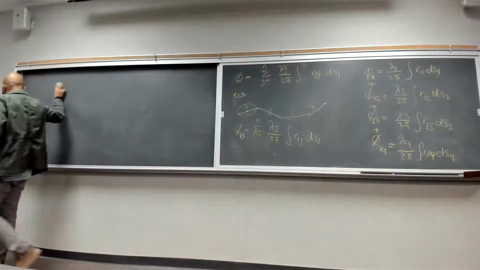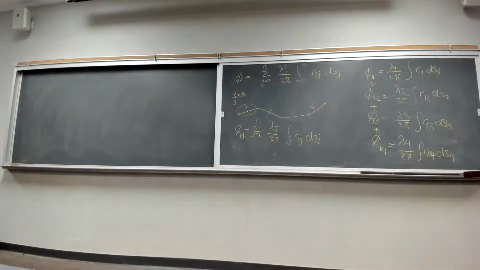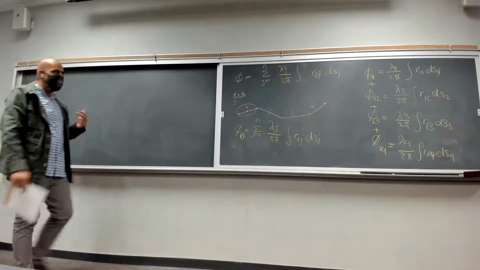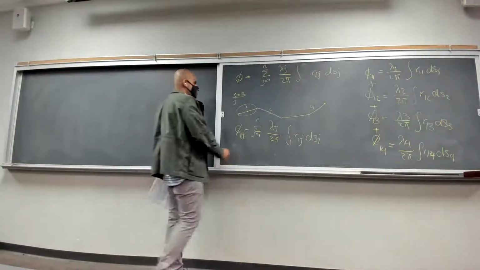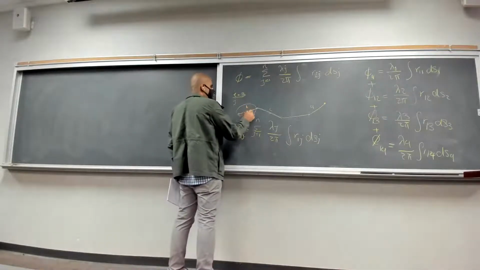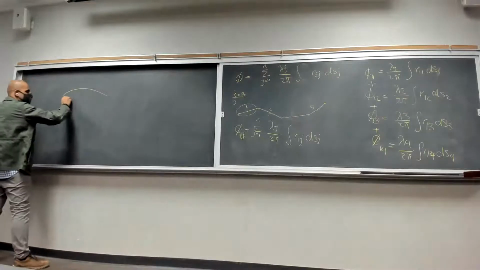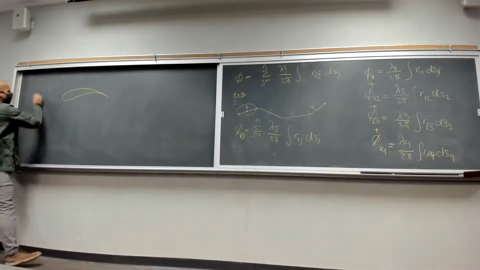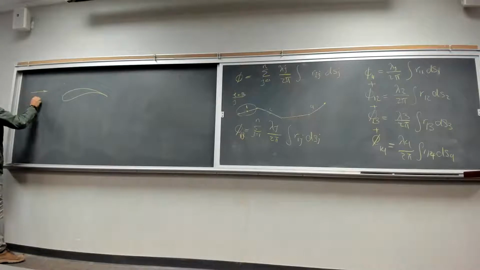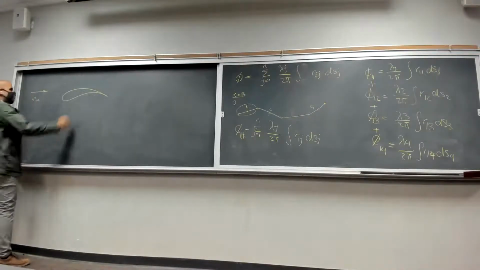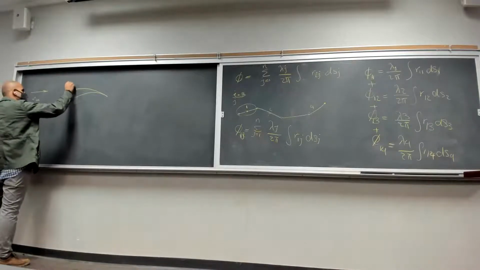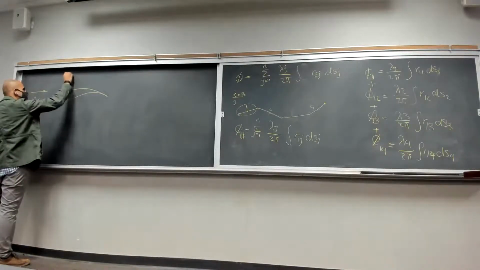But how would this help us create a more complex geometry? How is this panel theory method going to help us? It all goes back to the velocity field. Let's go back to this airfoil. We have V infinity. What is the velocity field in this direction, the normal direction?